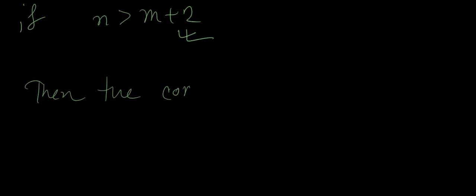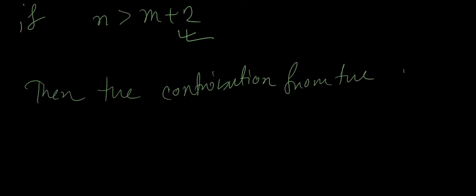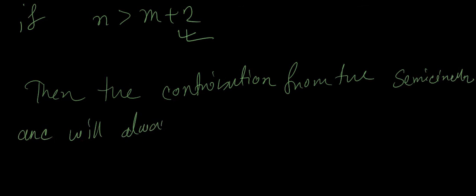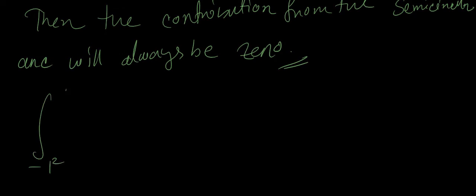the contribution from the semicircular arc will always be 0. That is, if you write it like this, the contour integral, you are breaking it down. I'm not using the full formality here, so excuse me for that. Okay, this doesn't look like x, but it's actually an x.